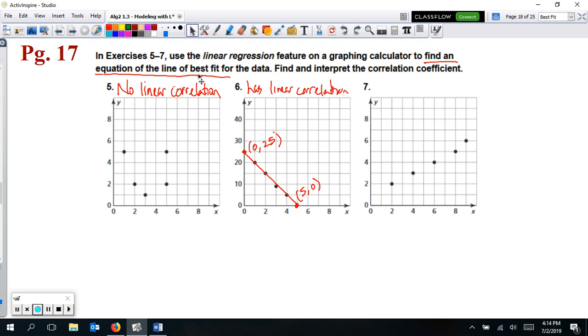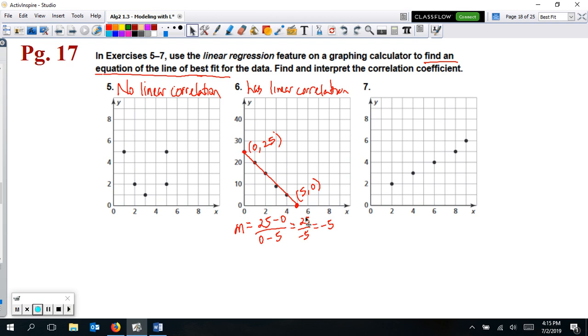Now let's write an equation using these 2 points. First find the slope: subtract the y numbers, 25 minus 0 on top, and subtract the x numbers on the bottom, 0 minus 5. If I'm starting with this point on the y's, I have to also start with it on the x's, so I'm starting with the top point. 25 over negative 5 gives us a slope of negative 5.